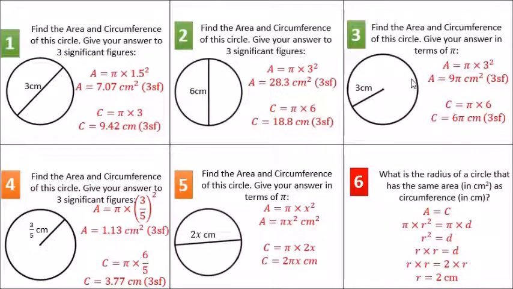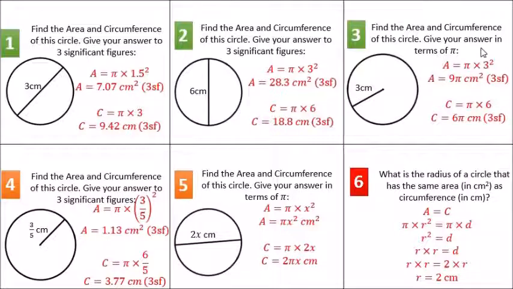So for question 3, the area and circumference of this circle, the area is pi times 3 squared. Notice that's the same as question 2. Even though this looks different to this, the radius is 3, but the radius of this question was also 3. So we have the exact same circle.